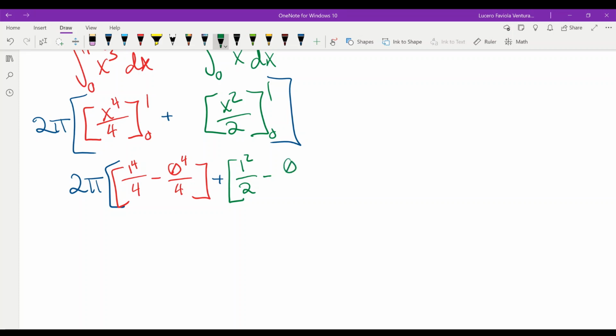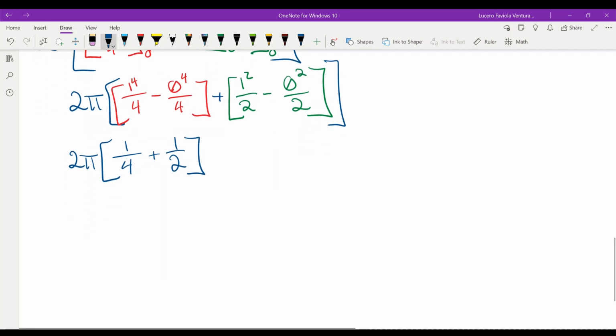And these are much simpler to look at and solve now that we have them. So I'll rewrite it once again down here. And we have 2 pi times 1/4 plus 1/2.